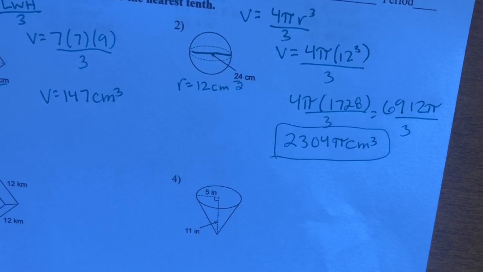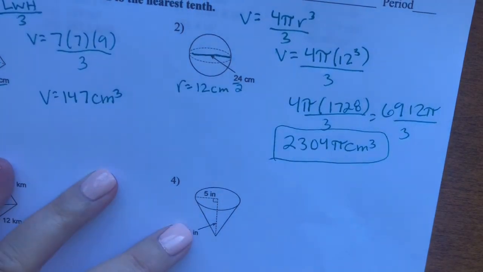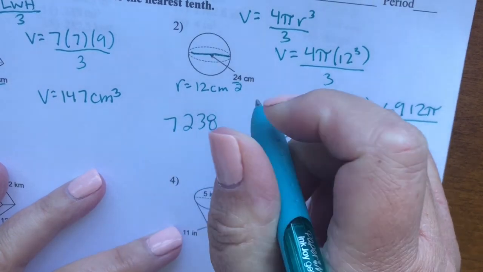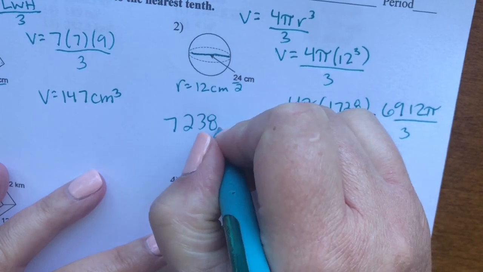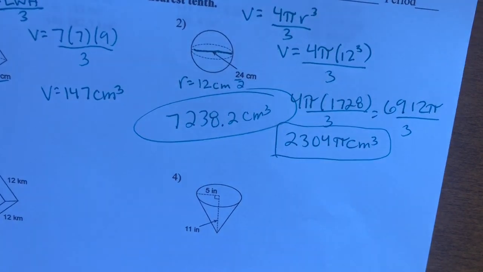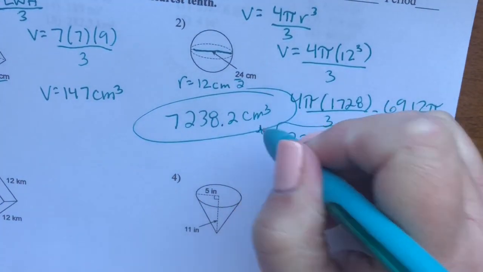Okay, times 4 times pi equals, and then I'm going to divide that by 3, which will be much better. 7,238.229, and so I'm just going to bring that to 2 centimeters cubed, which I believe is the answer. But do you see the difference between those two? Okay, that's the difference between multiplying by pi and not multiplying by pi.